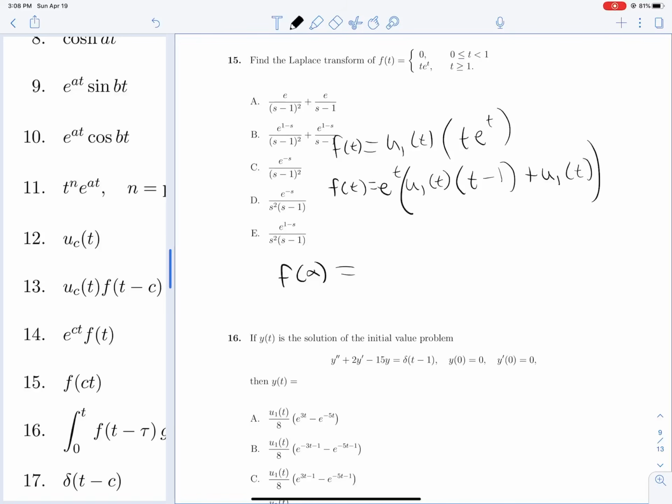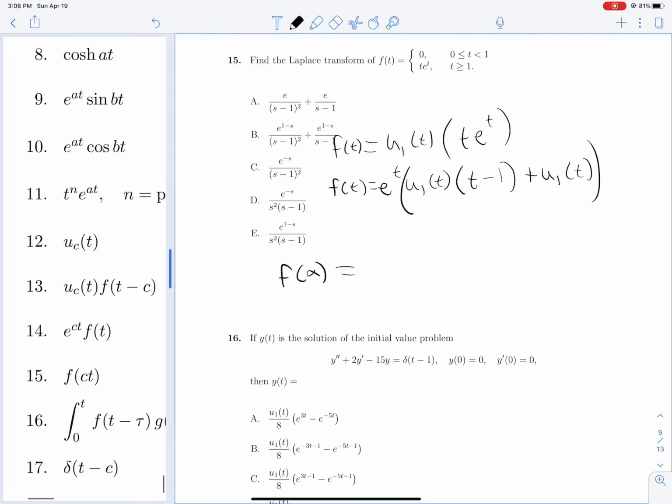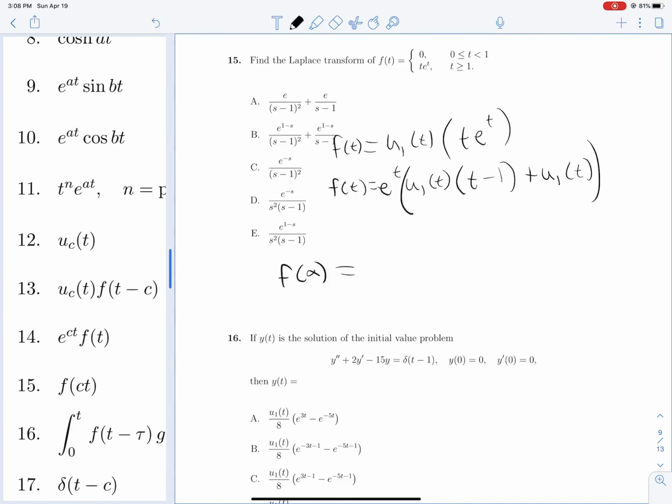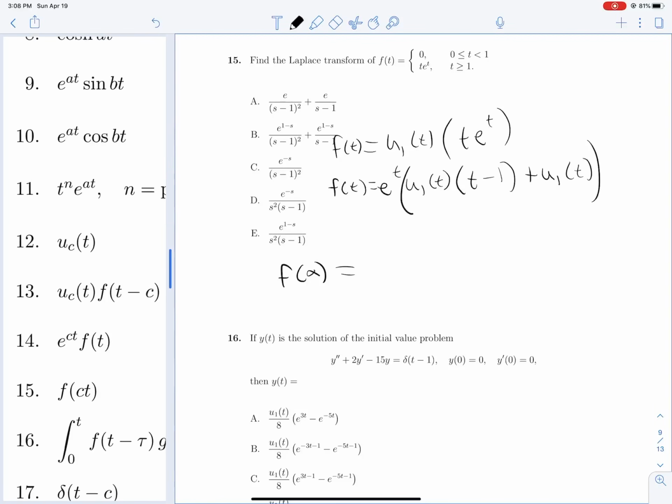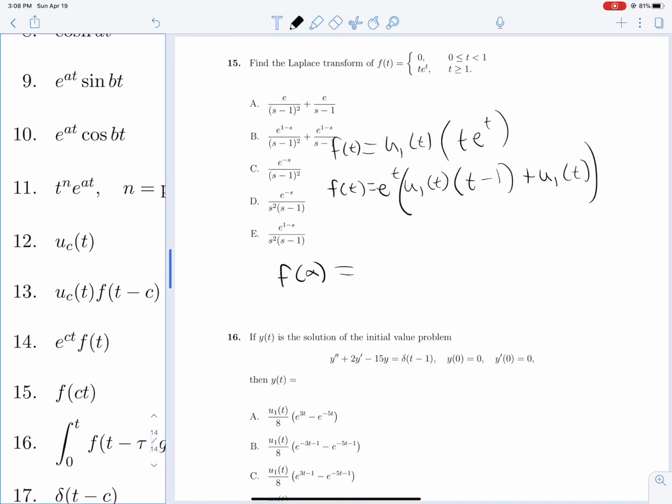So that leaves us the task of taking the Laplace transform of u1 of t times f of t. Well, not f of t minus 1: f of t equals t, so f of t minus 1 is this guy right here.